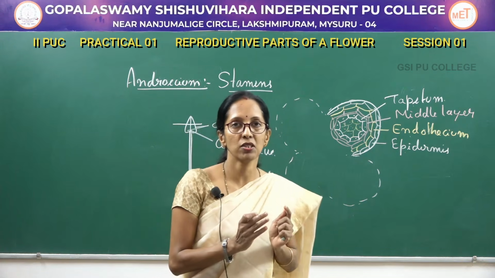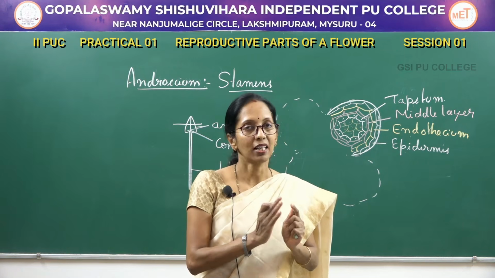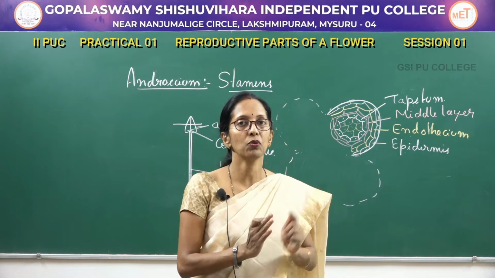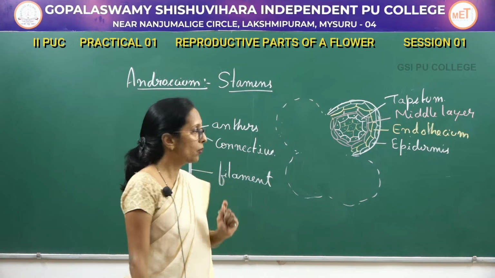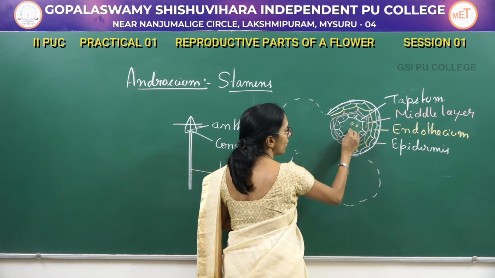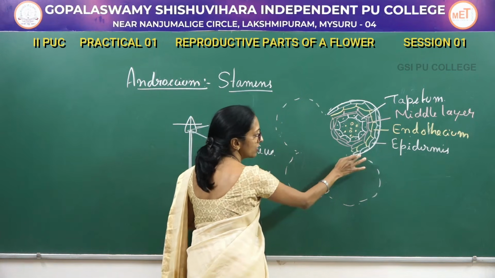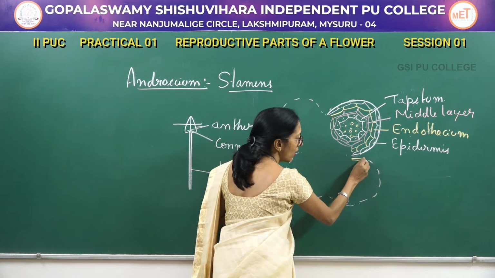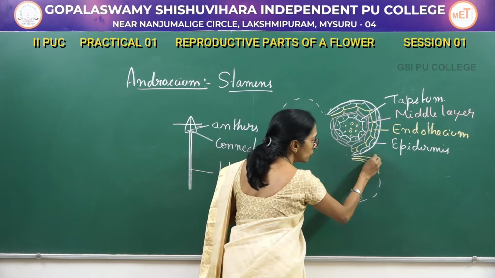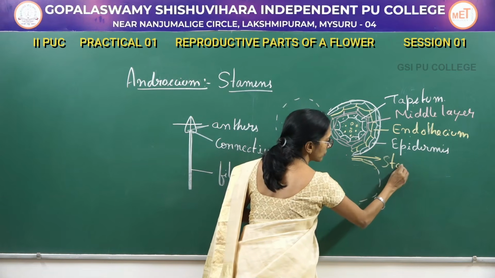Then there will be a formation of microspore tetrads. That means each microspore finally gives rise to pollen grains. So, a number of pollen grains develop, and these pollen grains are dehisced or come out through this opening. This is said to be the stomium.